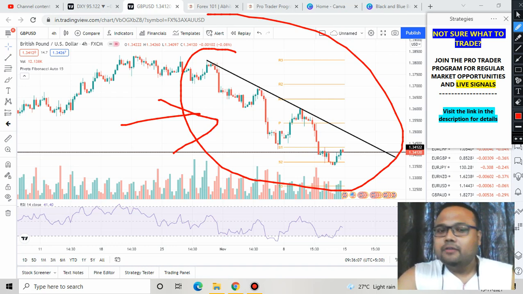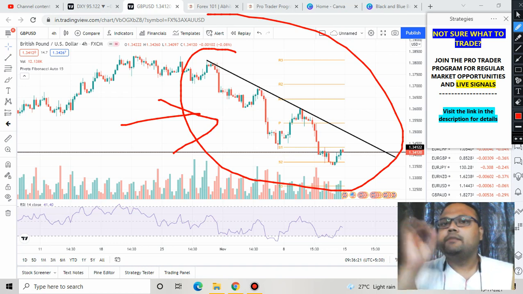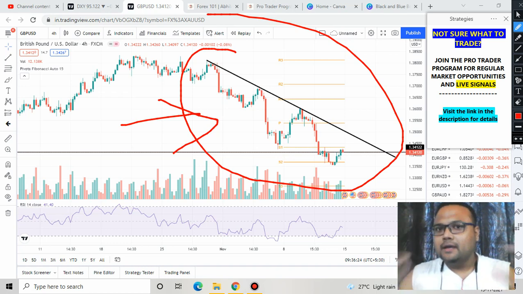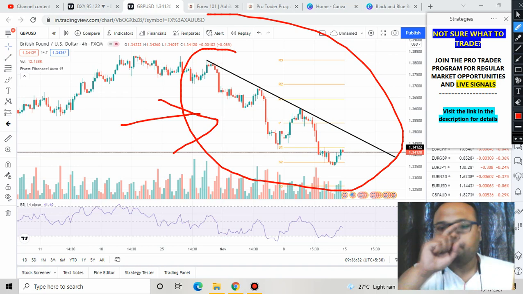As a result, we will mainly look for selling opportunities. Otherwise, if we stand against the trend of the market, then obviously there is a high risk of losing money. If you are a beginner, a new trader, then please listen to my suggestion and look for selling opportunities only. But if you have been trading for a couple of years and have some experience, then you can go for buy.